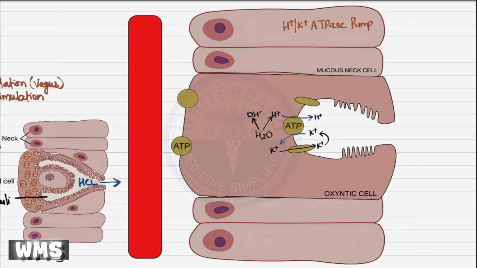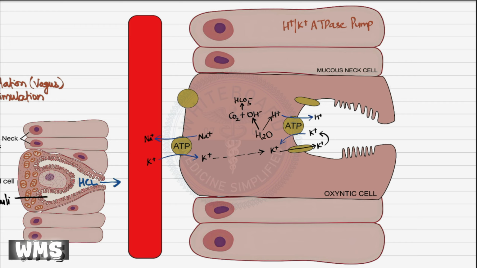At the same time, on the basolateral side, the sodium-potassium ATPase pump is actively working to bring potassium into the cell from the blood, while pushing sodium out, thereby maintaining a steady intracellular supply of potassium. At the same time, the remaining hydroxide ions combine with carbon dioxide to form bicarbonate, a reaction catalyzed by carbonic anhydrase.